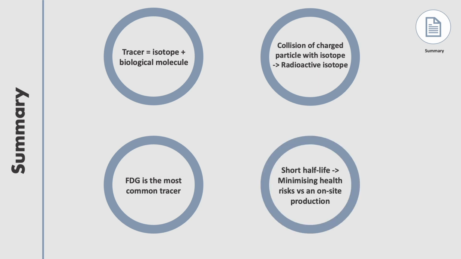A short half-life comes with pros and cons. For instance, minimizing the health risks, but also requiring on-site production. A little self-test. Try recalling what the two main parts of a radiotracer are, and why it is so important to tailor the tracer.